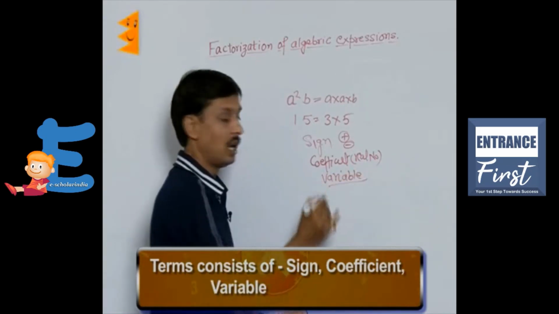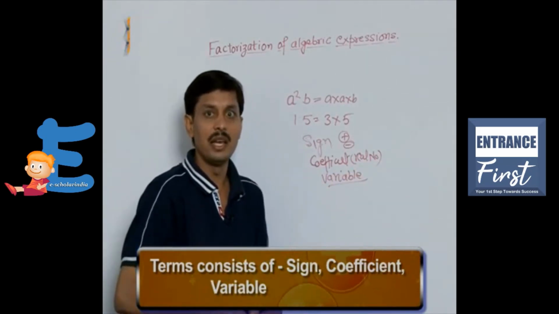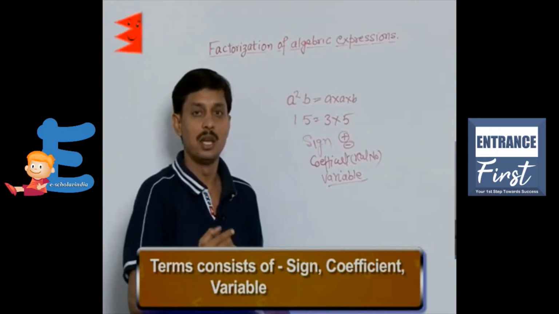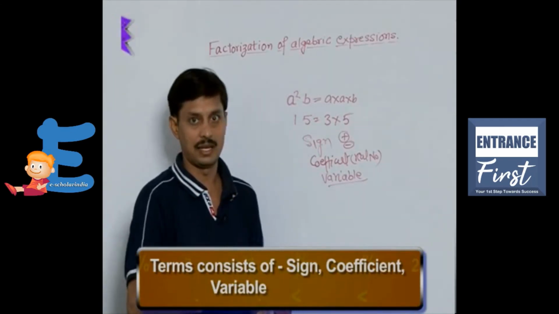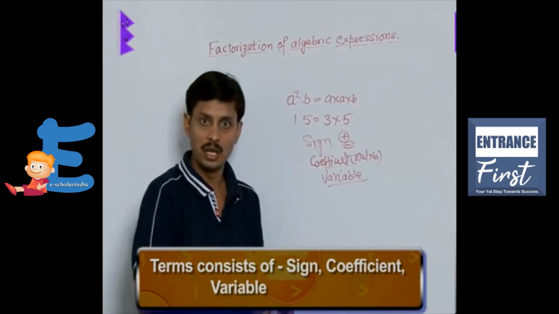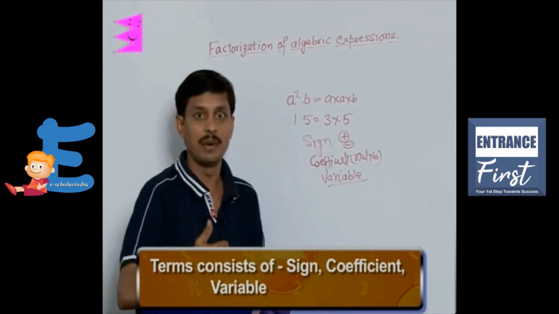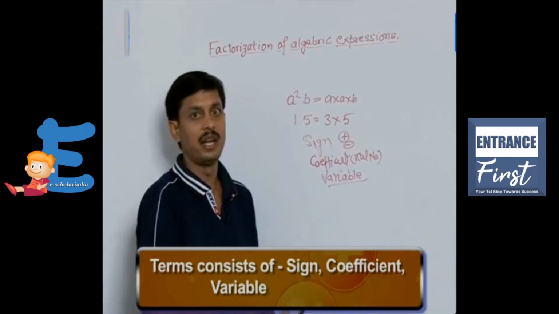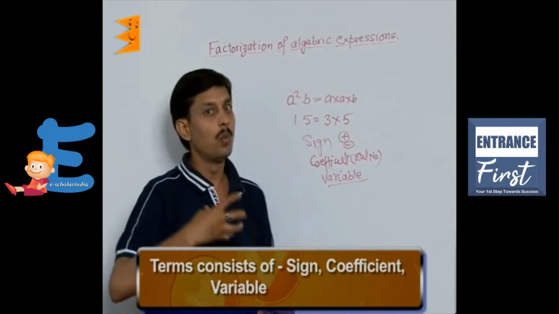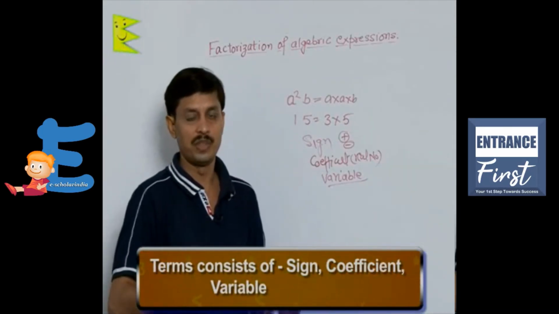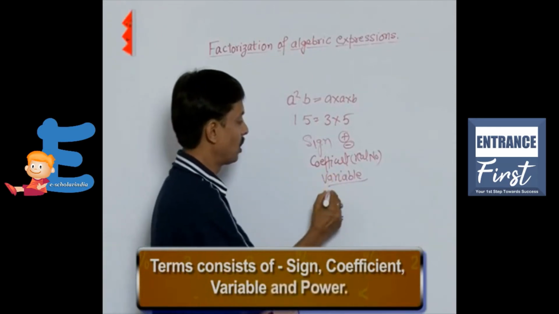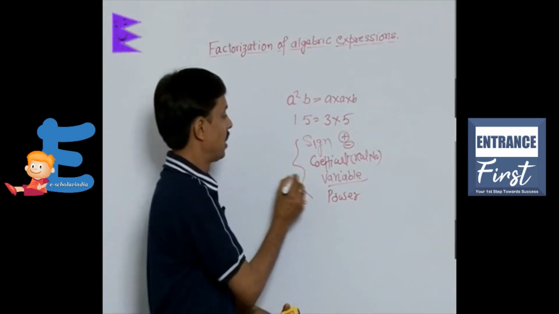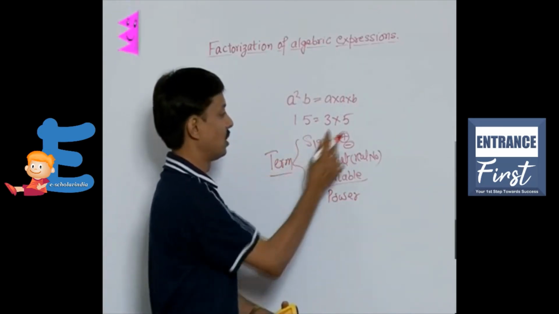The variable is any English alphabet: A, B, C, D. Like we write 3x, so 3 is the coefficient of x. x is known as the variable because in any kind of algebraic expression, identity or term, the value of x can change. And the fourth is the power. So a term always needs these four things.